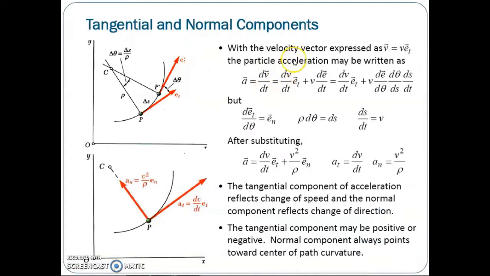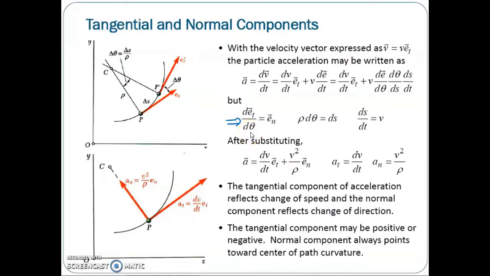The velocity vector v is equal to v in the direction of the e_t vector. Then the acceleration, like what we have derived just now, is equal to dv/dt in the direction of e_t plus v de_t/dt. We can rewrite it as dv/dt e_t plus v de_t/d theta times d theta/ds times ds/dt. Earlier we determined the relationship of the e_n vector with de_t/d theta.